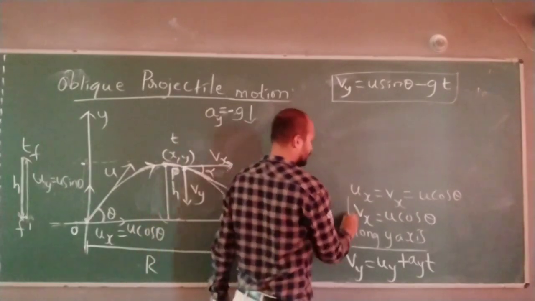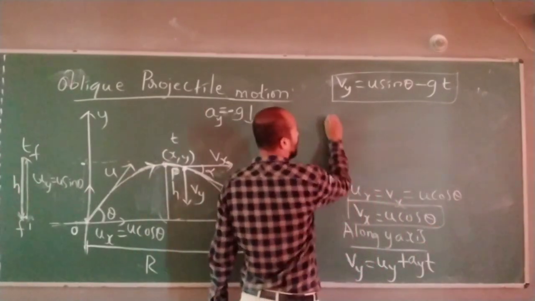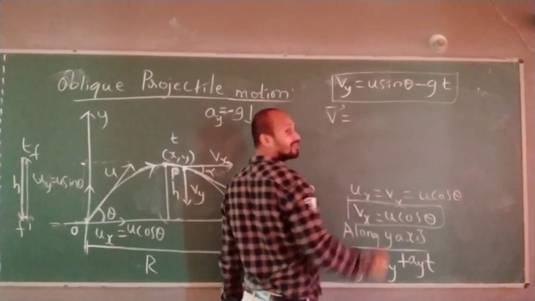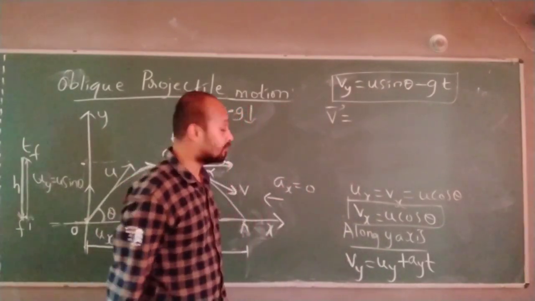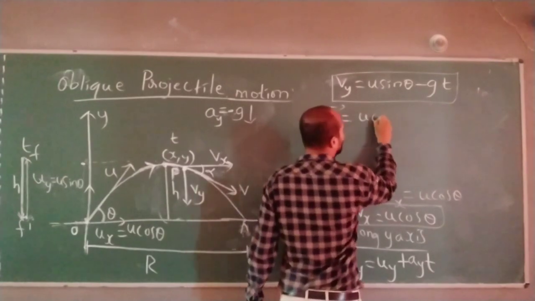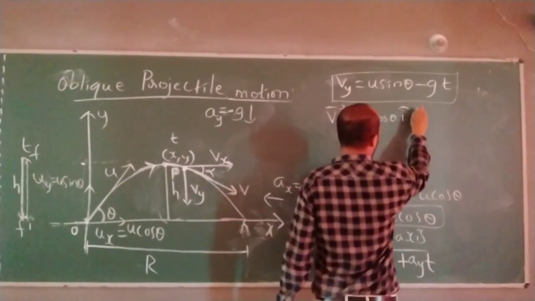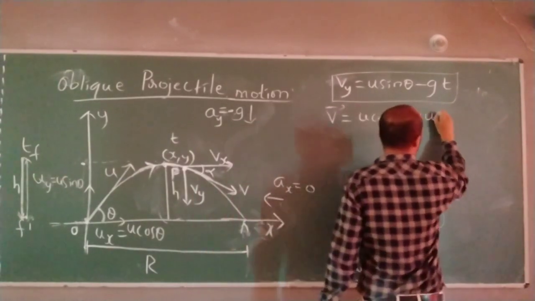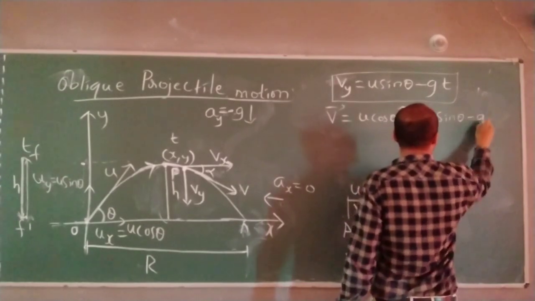This is the value of vx. So vector v is equal to vx i cap plus vy j cap. Vector v will become u cos theta i cap plus u sin theta minus gt j cap.